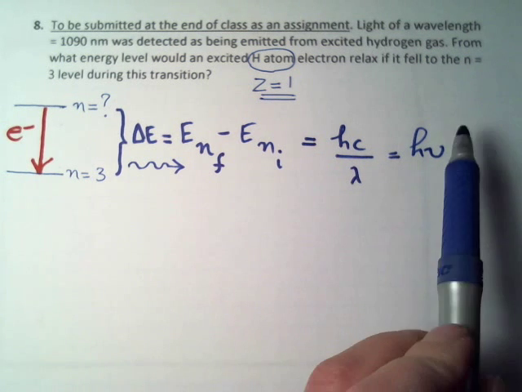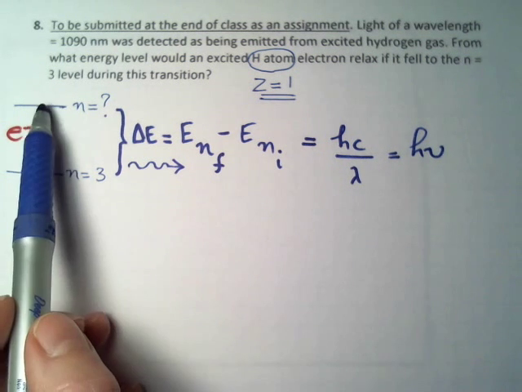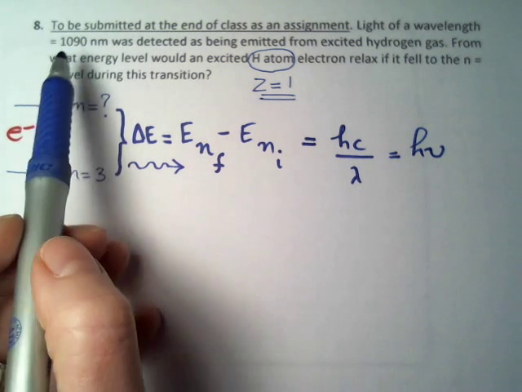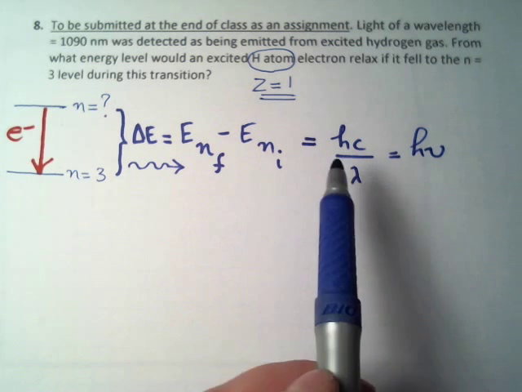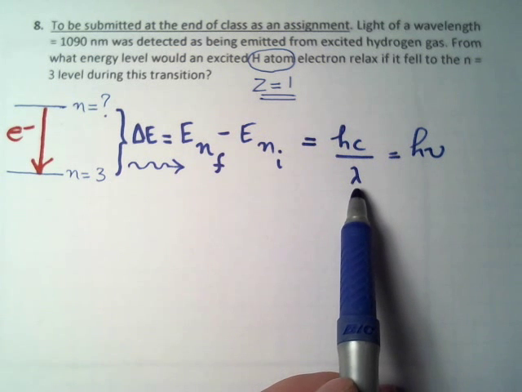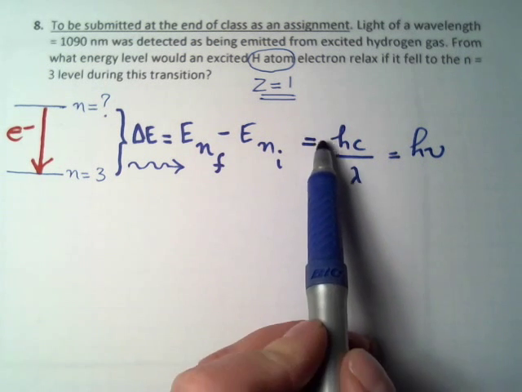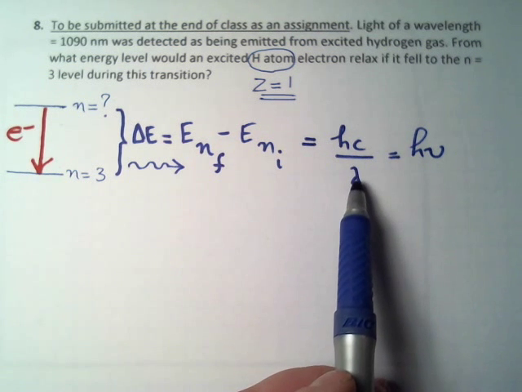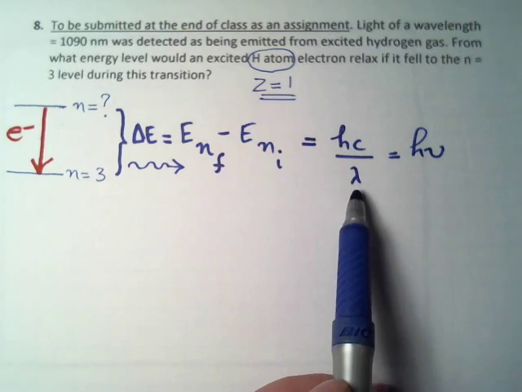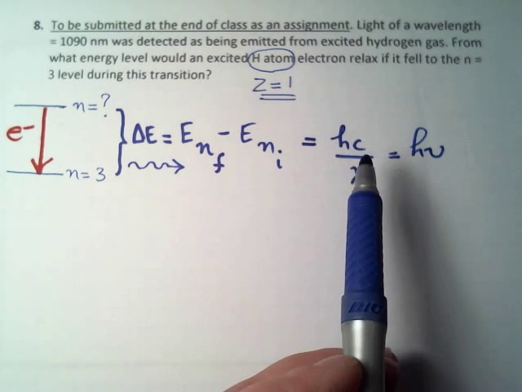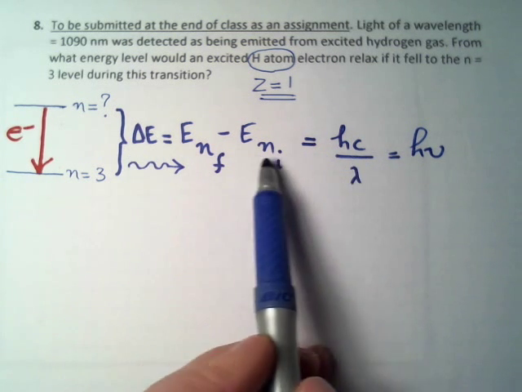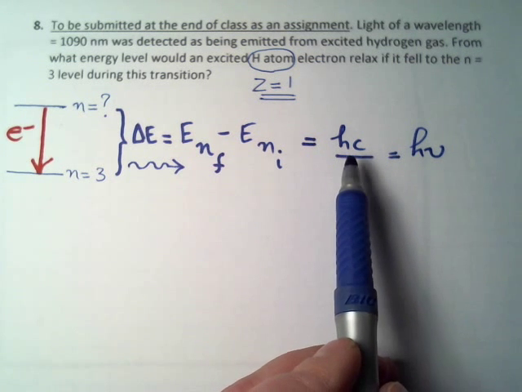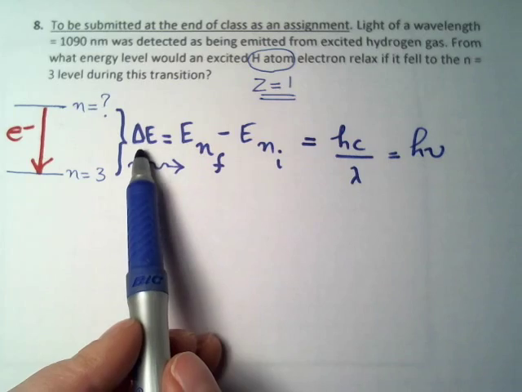So in order to figure out where it started, where it came from, I am going to start with lambda and then figure out what energy of radiation has that wavelength. That photon is one of the many being emitted, and that energy is equal to the energy difference.